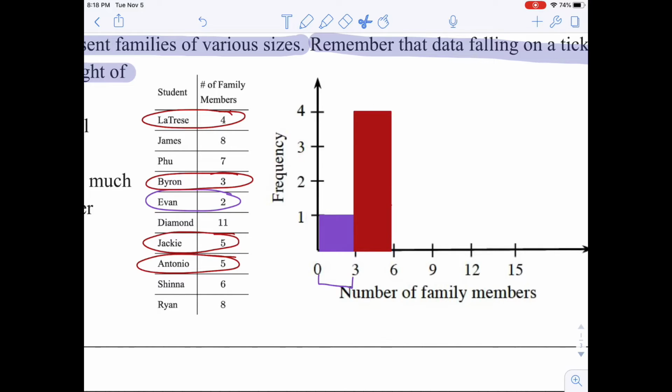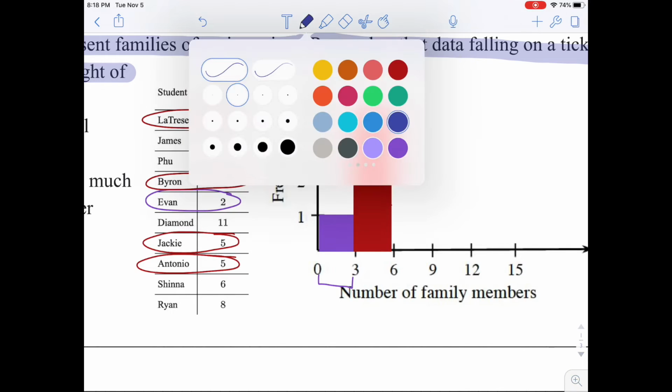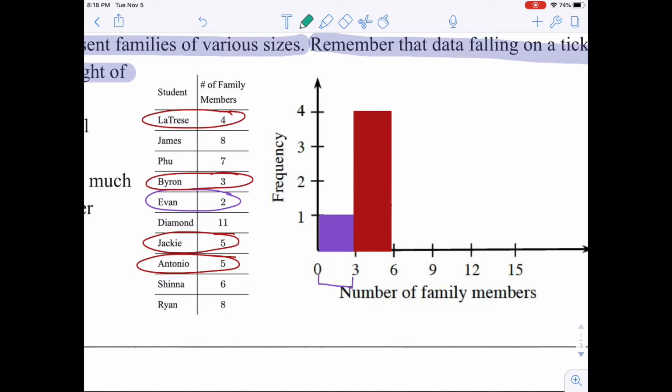Okay, and then the next bin should be people who have 6, 7, or 8 people in their family. So let me find those people in blue, or let's do green, so that we can tell the difference between purple and green easily. So I'm looking for families with 6, 7, and 8 members. 6, here's Sheena. 6 and 8, Ryan, Fu, and James.